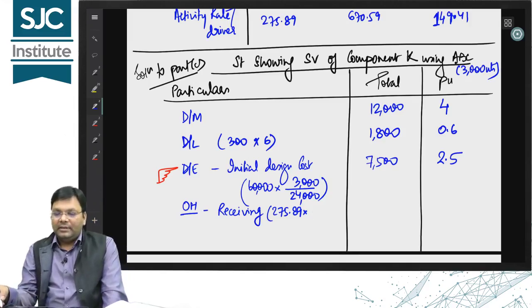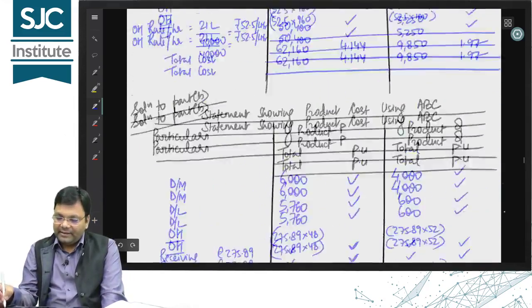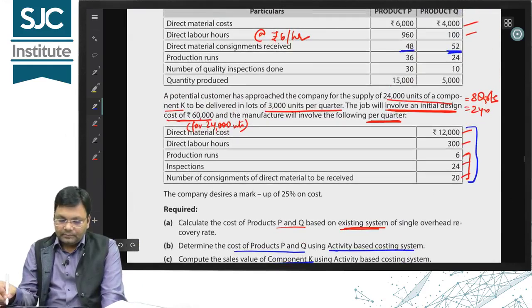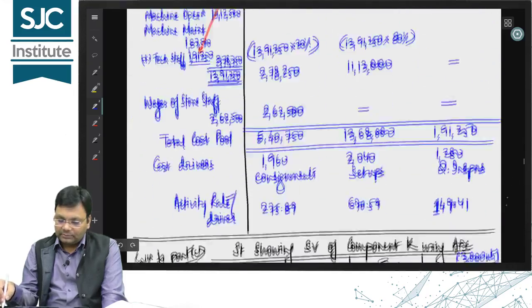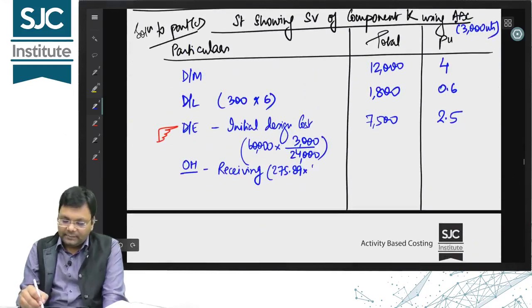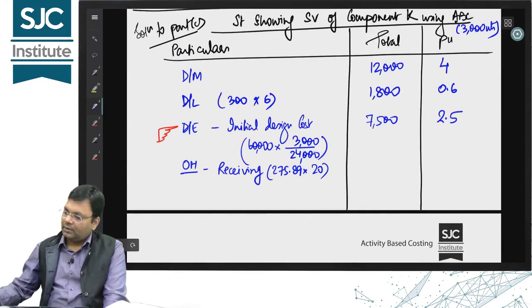And in case of component K, if you will see, the number of consignments is 20. So 20, 24 and 6. So this needs to be used to take the activity cost. So into 20. 275.89 into 20 is 5518.